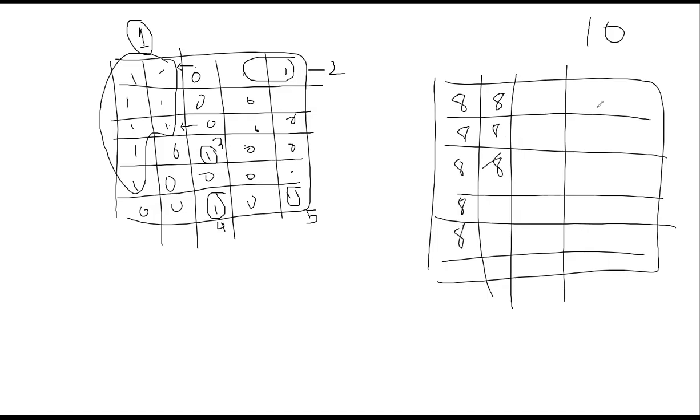In this way, for every discrete island we have, we can store its size initially. But there can be another island which also has size 8. Yeah, that's not a problem. What I'm saying is, suppose the size of island 2 is also 8, so you write 8 there as well.